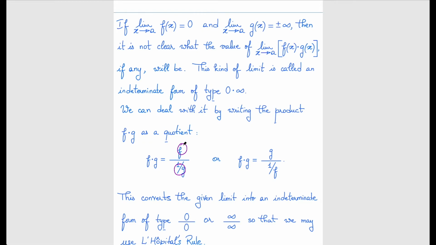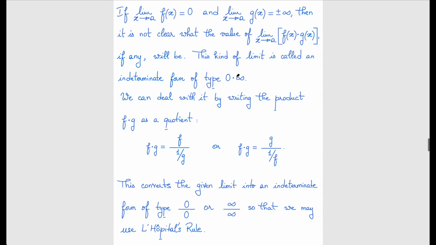So this puts you in 0 over 0, which is good for L'Hopital. And this one is infinity divided by 1 over infinity, 1 over 0, which is infinity. So this is an indeterminate form of type infinity over infinity as x goes to a. So if you tweak that situation, then L'Hopital can help you, and it might be able to handle the situation.